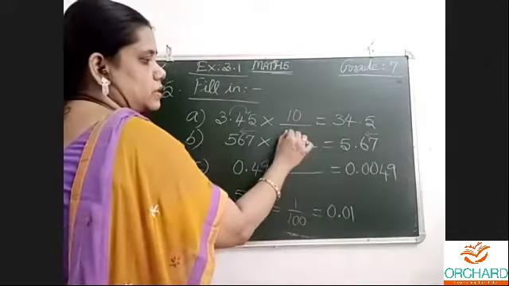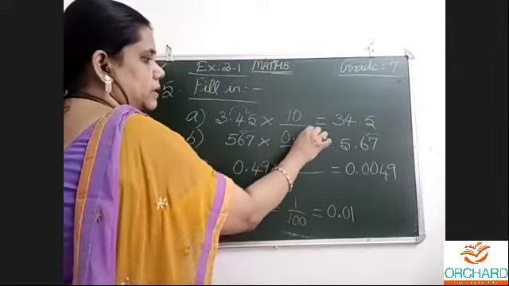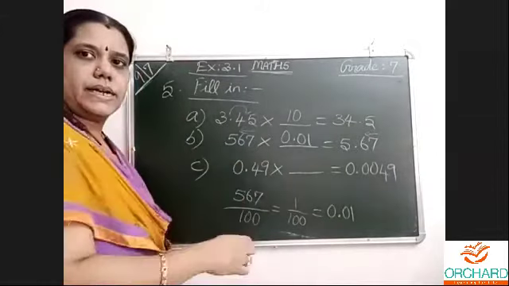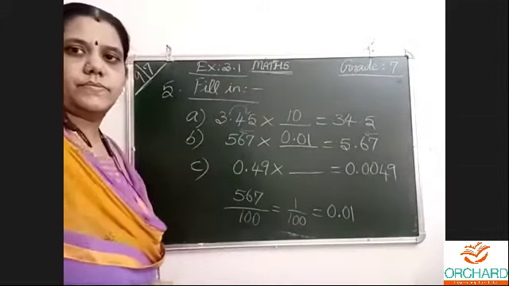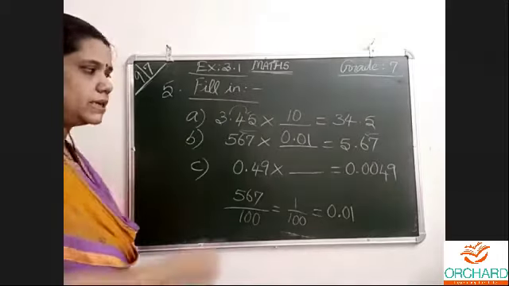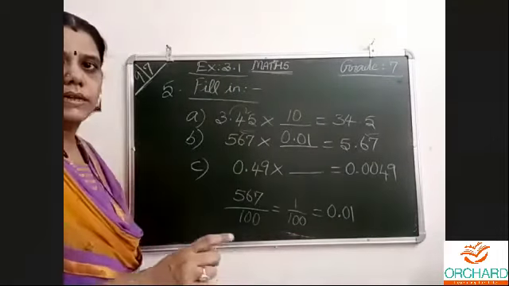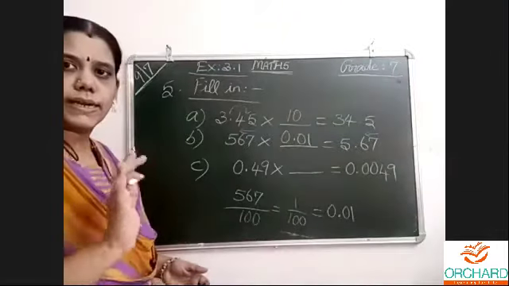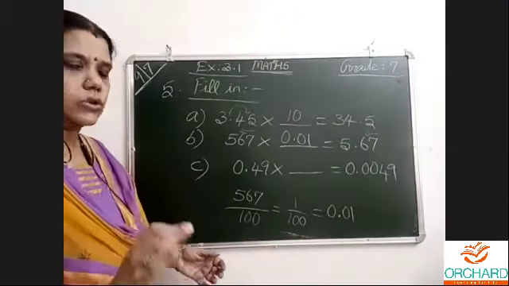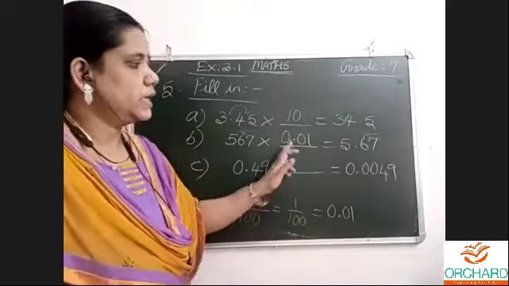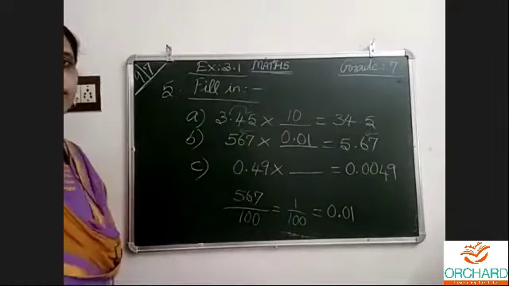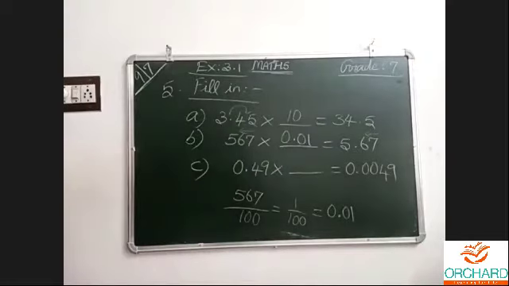Multiplication means we need to say like this, because they gave the symbol. If they give the division symbol, I will write 100 here. They gave the reciprocal. So we should not write divided by 100. We should write 0.01. This is the way to understand, because the fill-ins are like that.